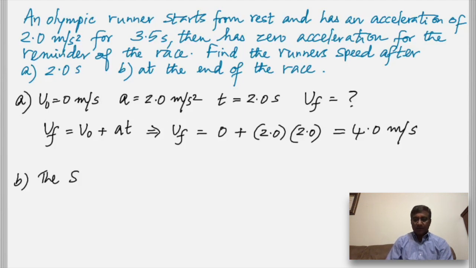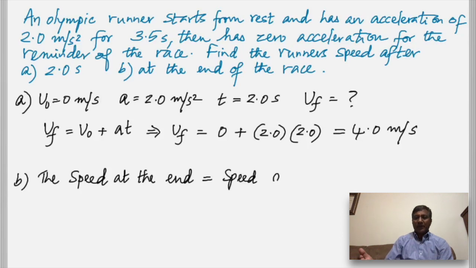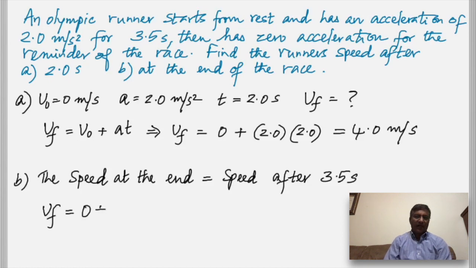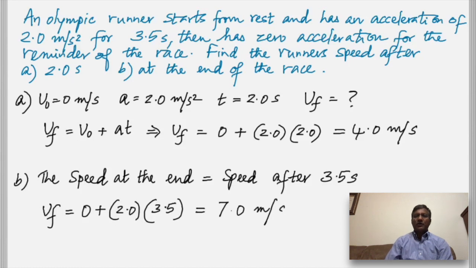That makes sense? So I'm writing it down. The speed at the end of the race is exactly the same as the speed after 3.5 seconds. So all we have to do is find the final speed after 3.5 seconds using the same formula, which gives us 7.0 meter per second, because you have 2 times 3.5.